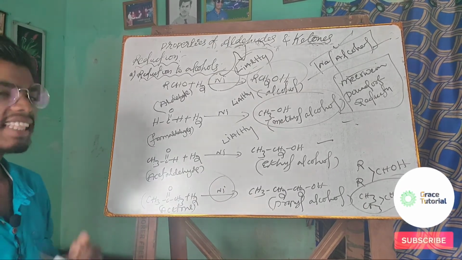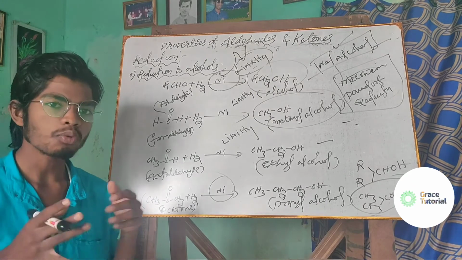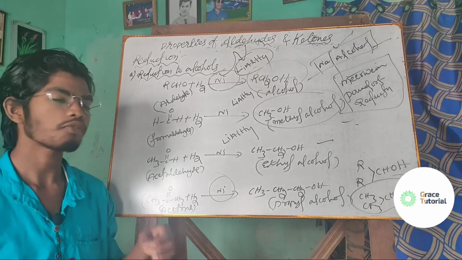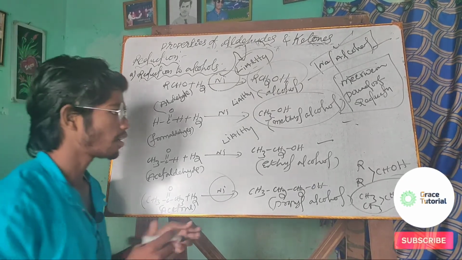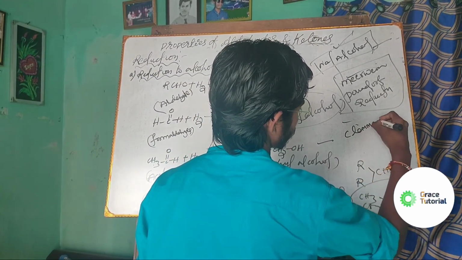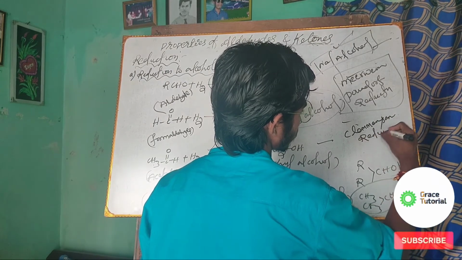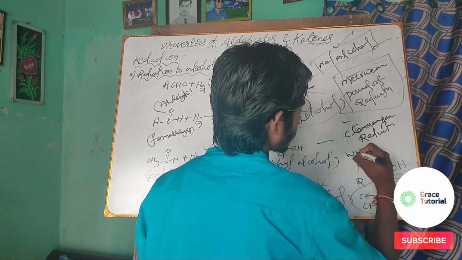And in the reduction, the very important ones that we need to know for the examination are the Clemmensen reduction and the Wolff-Kishner reduction.